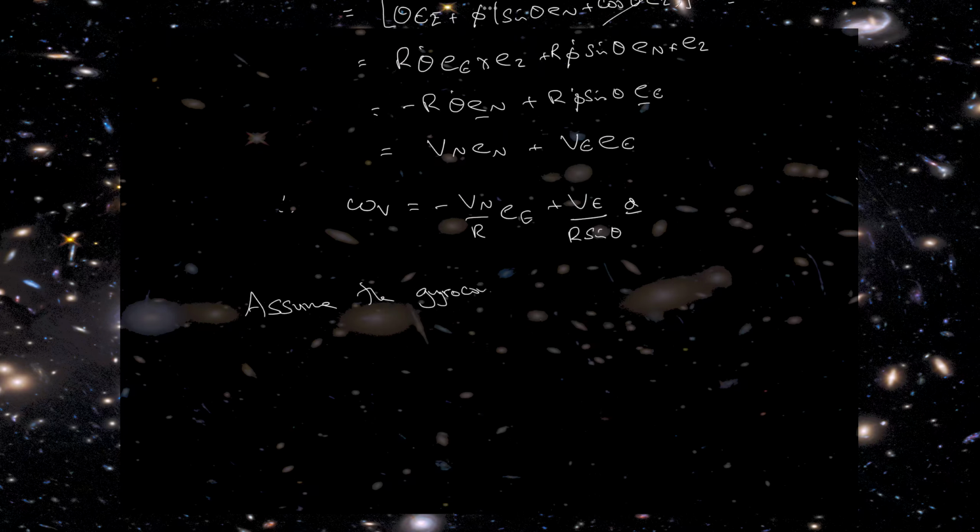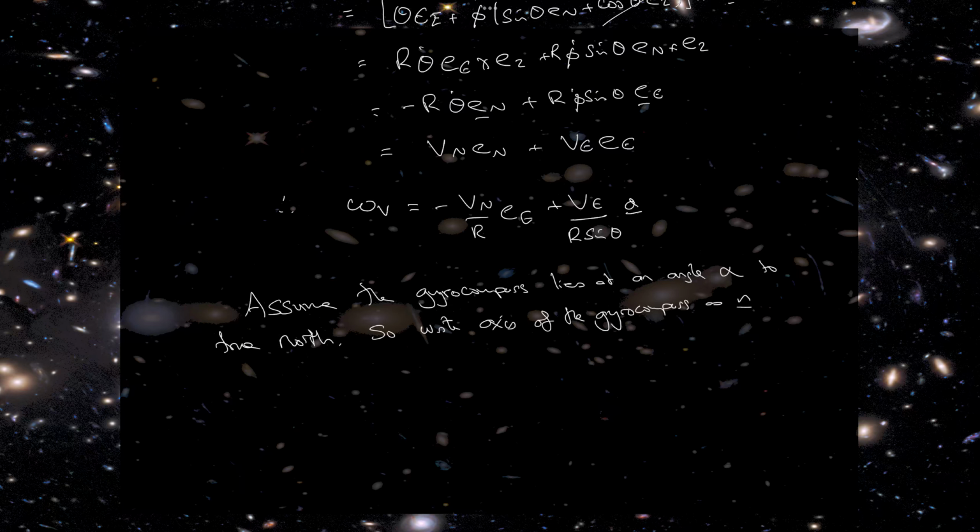Assume that the gyrocompass lies at an angle alpha to true north, so write the axis of the gyrocompass as n. So the gyrocompass is spinning about this axis. So n is cos alpha times E north, because that's the E north direction, and that's the east direction, so you have plus sine alpha E east.